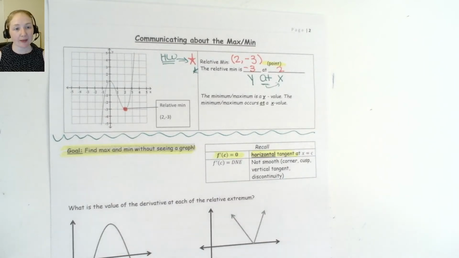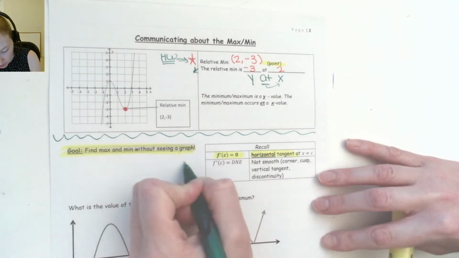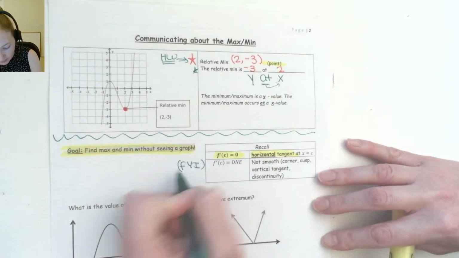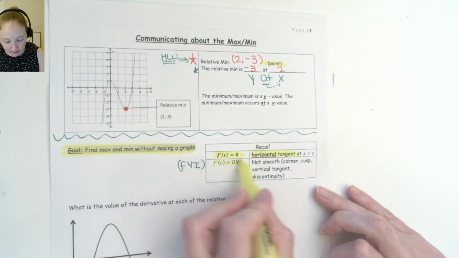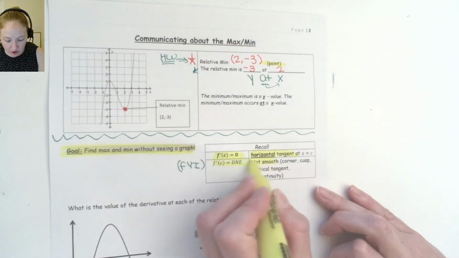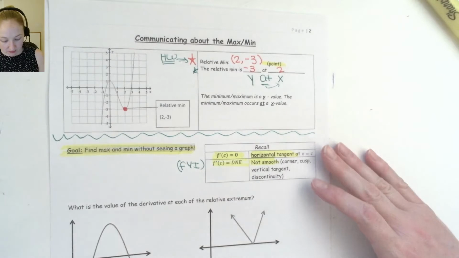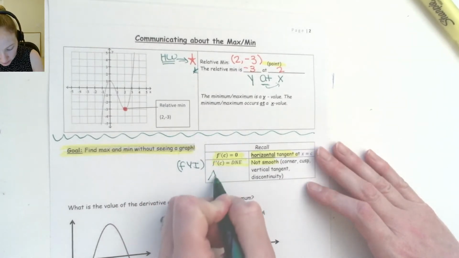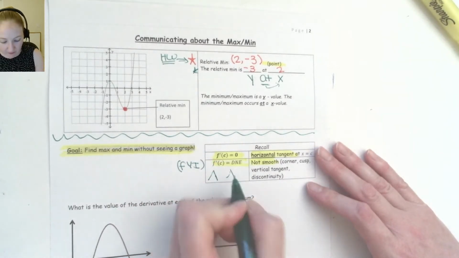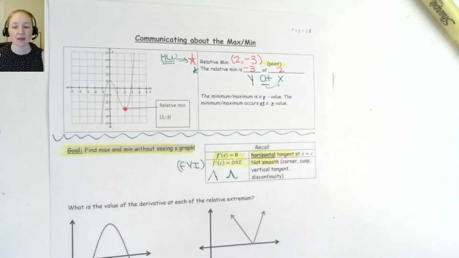Now, something that we haven't really emphasized too much, but is just for your information, is that when the derivative does not exist, then the function is not smooth. So examples of when the derivative doesn't exist is if you have a corner or a cusp, very not smooth behavior or discontinuity, that's when your derivative will not exist.